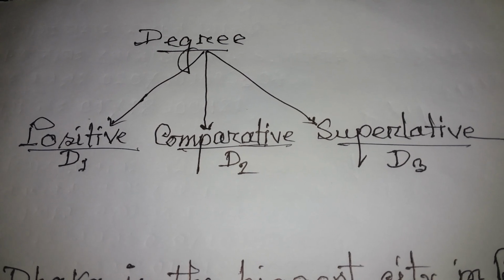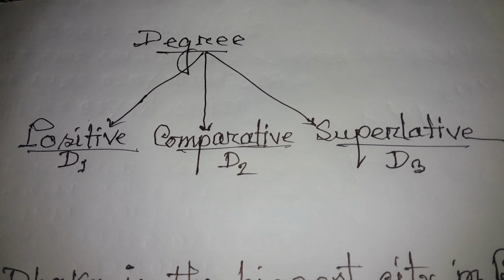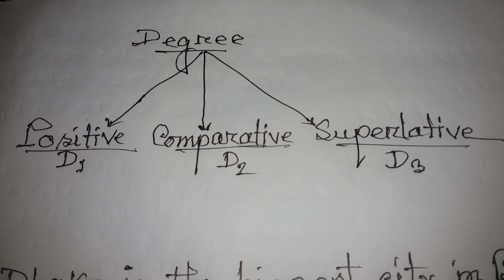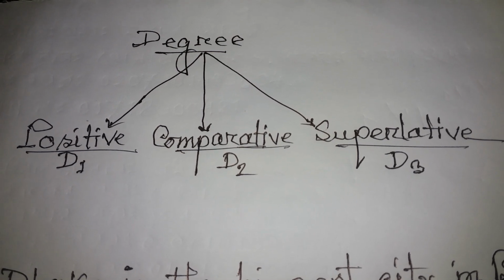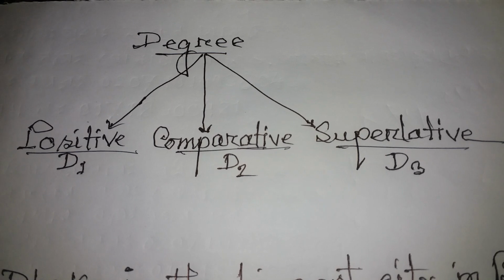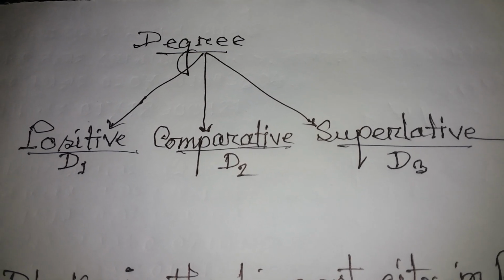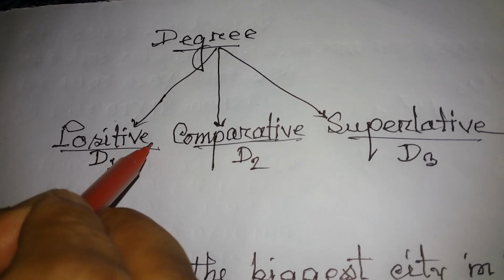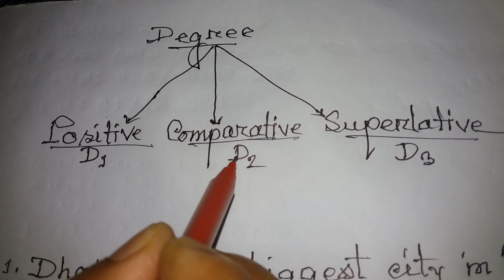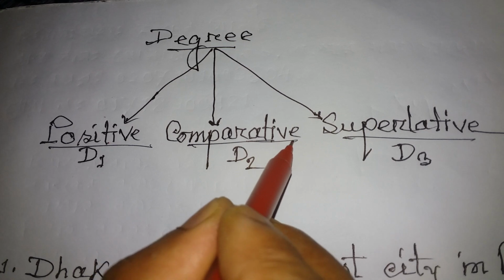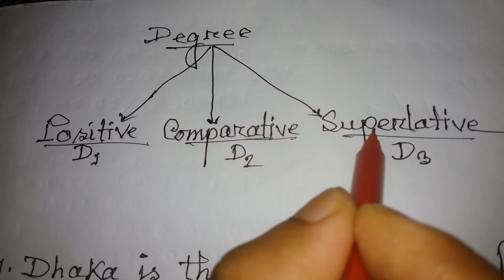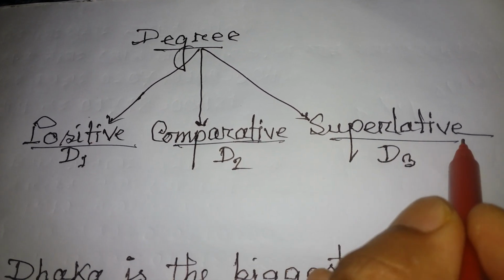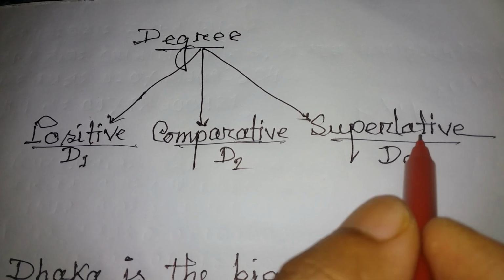We can see here a classification graph of degree. Number 1, positive degree. Number 2, comparative degree. Number 3, superlative degree.